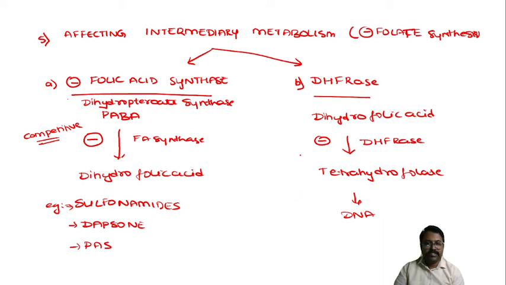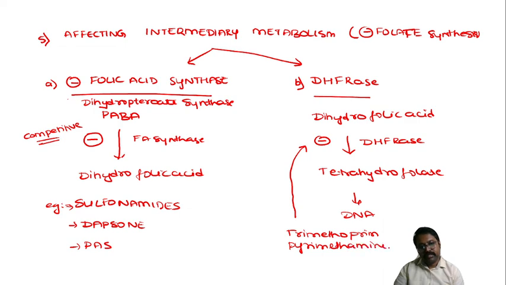Which are all the drugs which are inhibiting this process? Examples are trimethoprim, pyrimethamine, proguanil, and methotrexate.